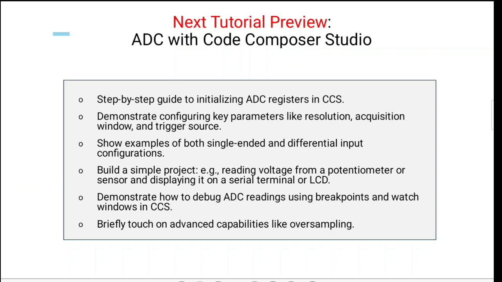We will see examples of single-ended and differential input configurations, and build a simple project reading values from a voltage source, potentiometer or sensors and displaying them on the serial terminal or the LCD. We will demonstrate how to debug ADC readings using breakpoints and the watch window in CCS, and we will be implementing the oversampling mode capabilities using Code Composer Studio.